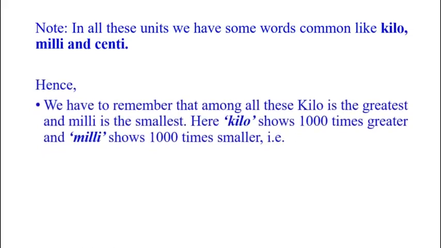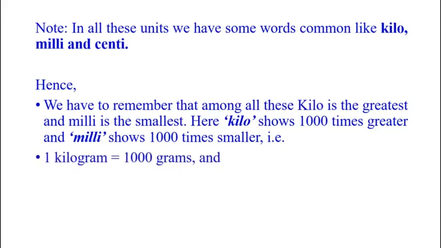Note, you have to remember in all these units we have some words common like kilo, milli and centi. Hence, we have to remember that among all these, kilo is the greatest and milli is the smallest. Here kilo shows 1000 times greater and milli shows 1000 times smaller.